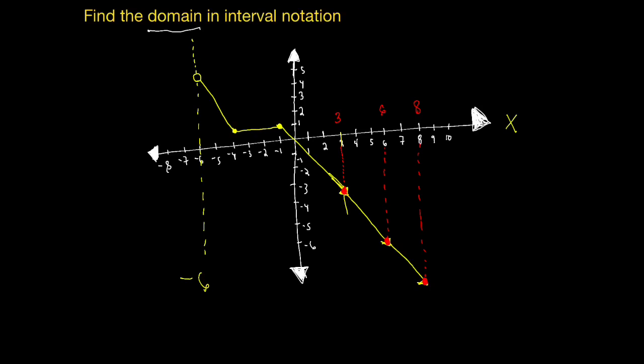As this graph keeps on extending and extending forever, these x values are going to keep getting larger and larger and larger to the point that they're going to reach or approach positive infinity because we're going in the right direction. If we were going in the left direction forever, we would be approaching negative infinity. So we can say that this graph, or we can think about it as being bounded by positive infinity.